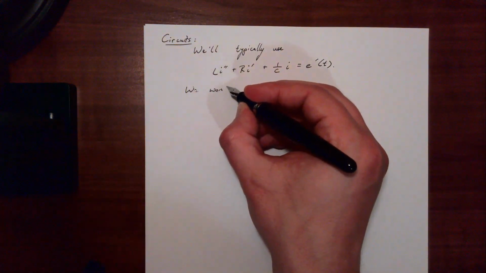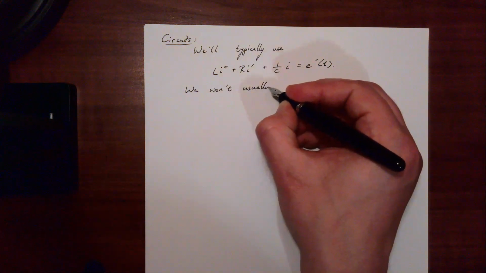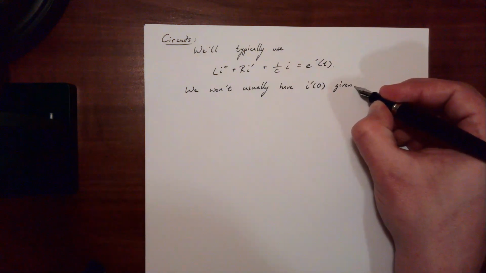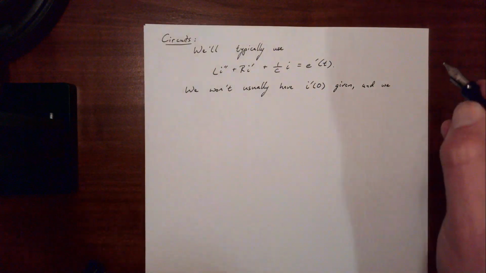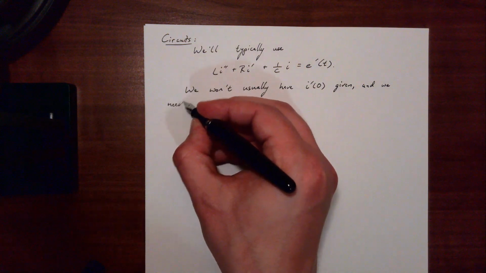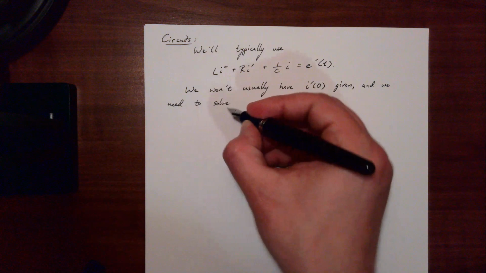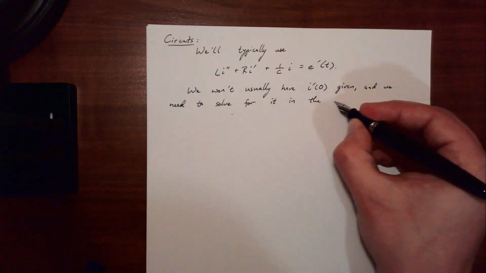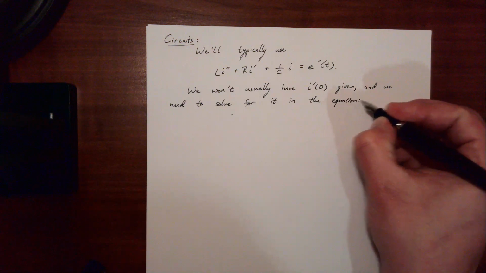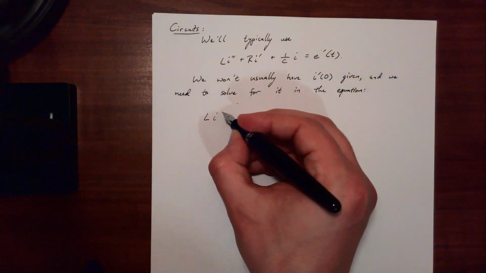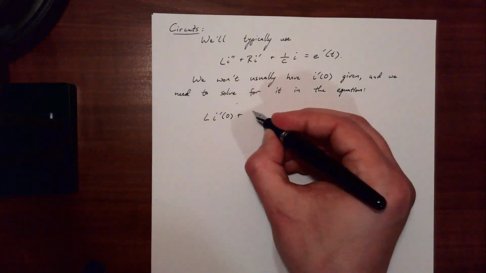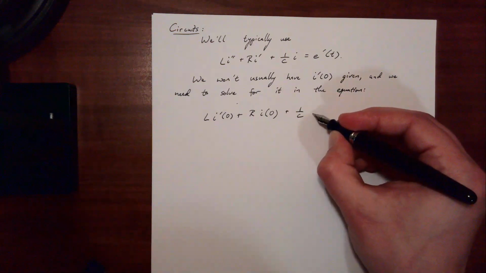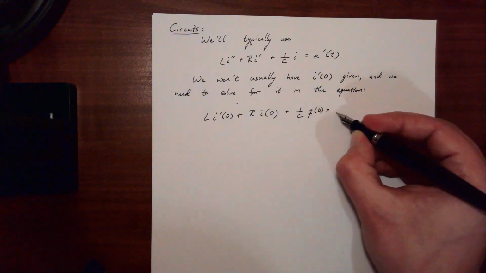So we won't usually have I prime of 0 given, and we need to solve for it in the equation L I prime of 0 plus R I of 0 plus 1 over C Q of 0 equals E of 0.